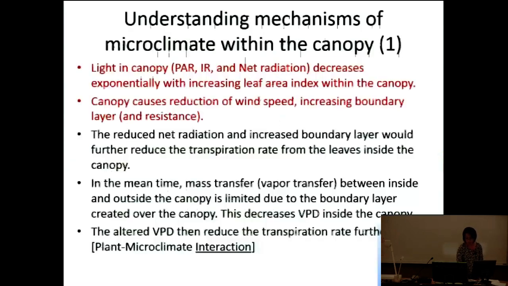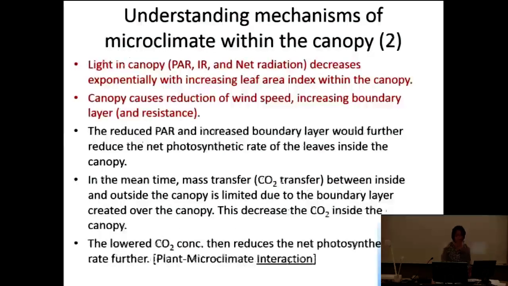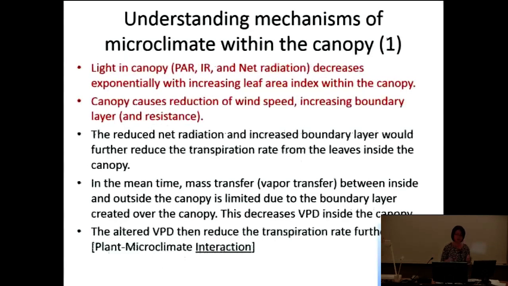Okay, all right. So here is some description. I have this one describing the VPD profile, and the next one is describing the CO2 profile. Both of them are basically starting from light. So the light is the huge driving factor. That's why I have the same thing for both slides.